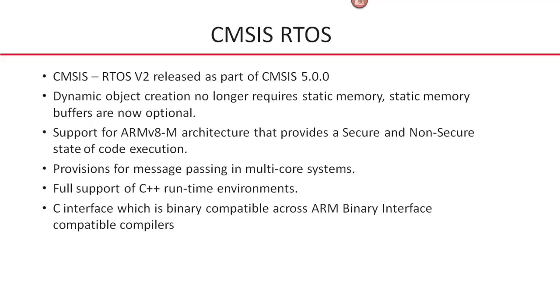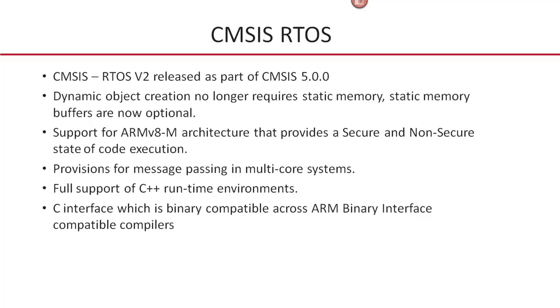As I mentioned, CMSIS-RTOS version 2 supports the ARMv8-M architecture, and it also provides messaging provisions for multi-core systems that are starting to emerge. So where we have a microcontroller with multiple Cortex-M cores, or a device with a Cortex-A and a Cortex-M core.